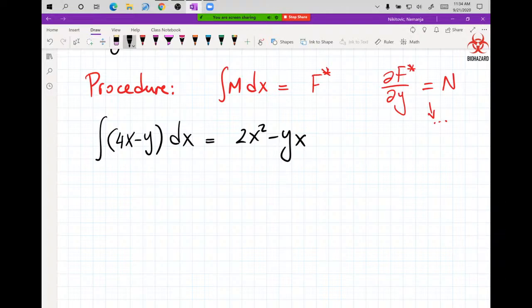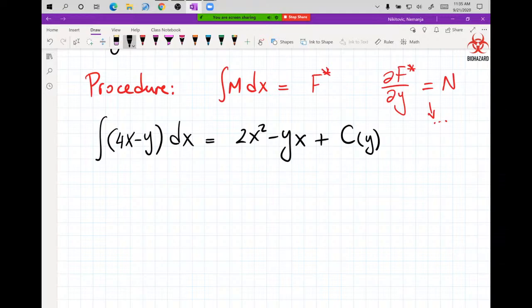And here is the new feature. Please pay attention to this one. Plus the constant in respect to y. It's a function now. It's not a constant. It's a whole function. Now, this could be a constant, could be 3, but it also could be 3y squared.